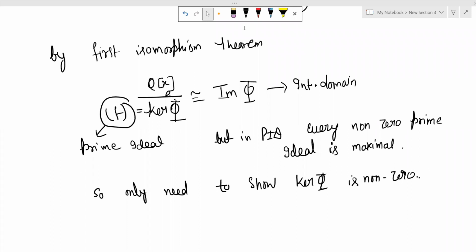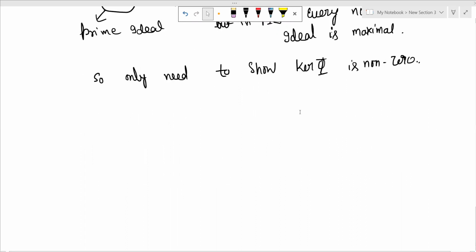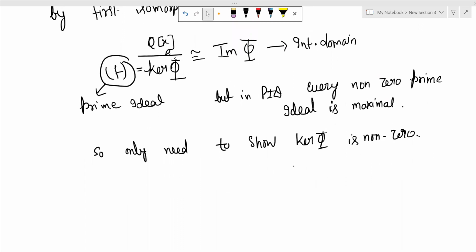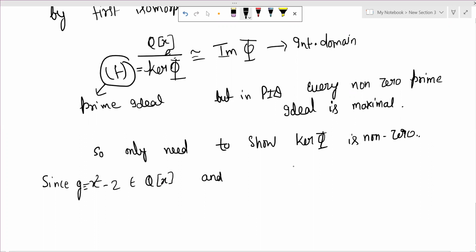True. Yeah. How will we argue that the kernel of phi is non-zero? The polynomial x squared minus 2. Yeah, correct. So since x squared minus 2 belongs to Q[x], let g equal x squared minus 2, and g(root 2) equals 0.